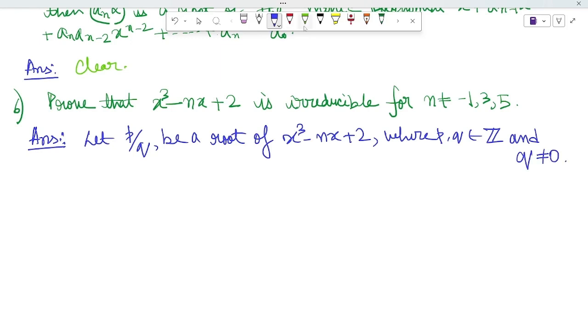What is the main thing then? We will apply the rational root theorem.